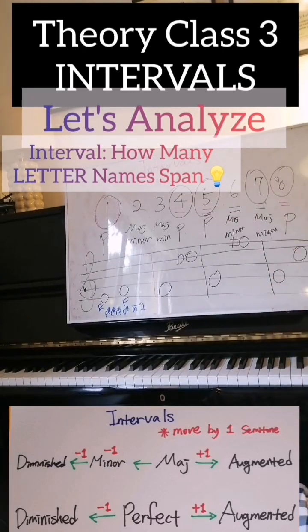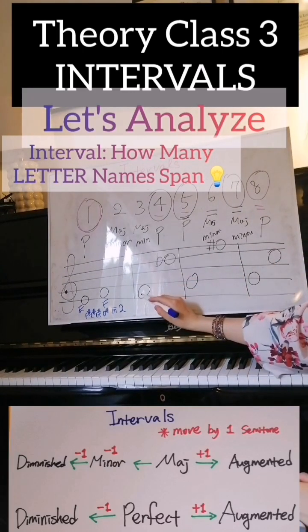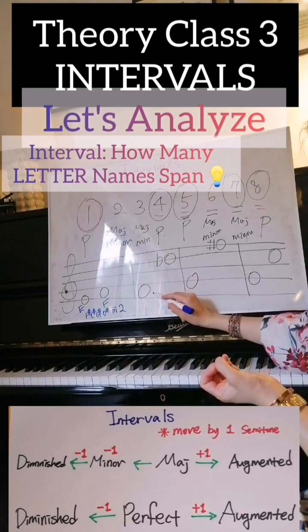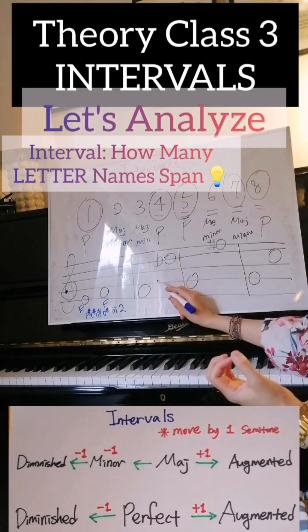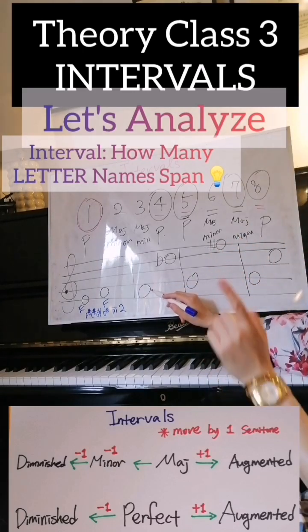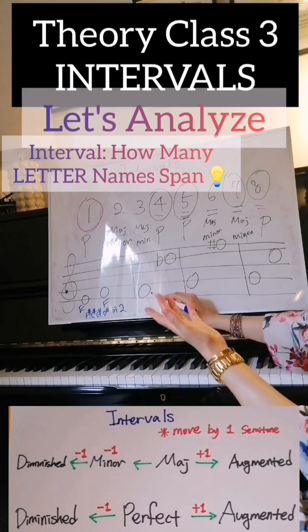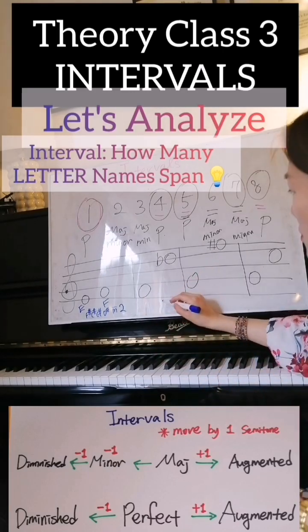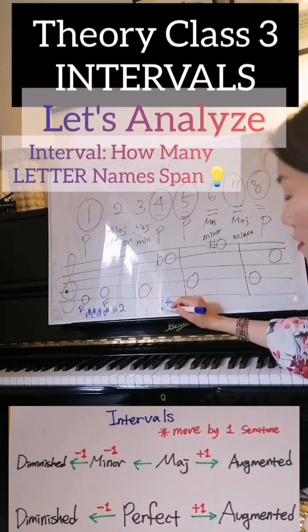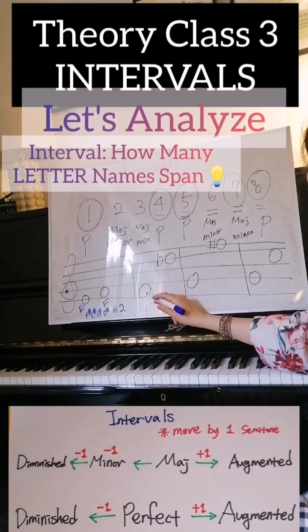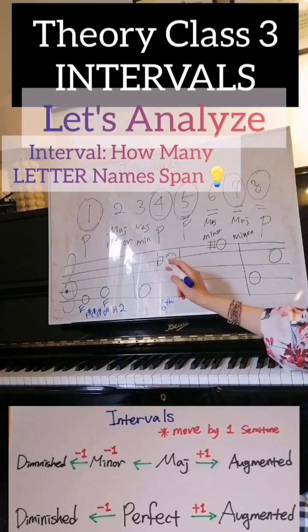Now let's go through this one, F to D. Do not worry about the quality yet. We just count how many letter names are in between first. Do the number first and then the quality later. F, G, A, B, C, D. That's a sixth. Now we go through the major scale of the lowest note, F, to figure out if it's major or minor.